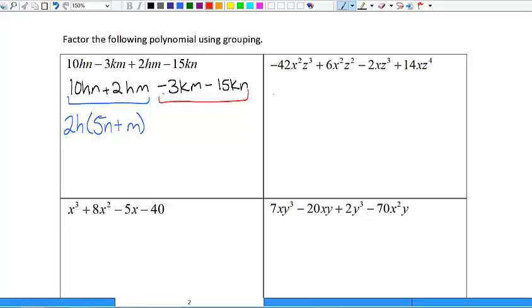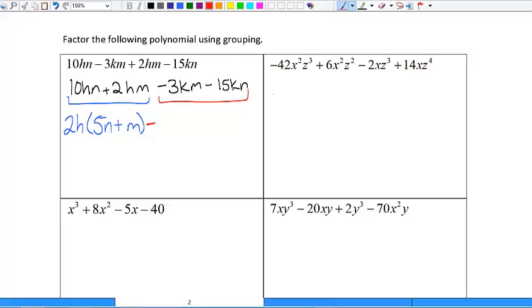Now let's look at the red group, negative 3KM and negative 15KN. I said anytime you have a negative in front of the polynomial, you want to factor out a negative. Well, that works for groups here as well. In the red group, the first term is negative, so I want you to factor out that negative sign.